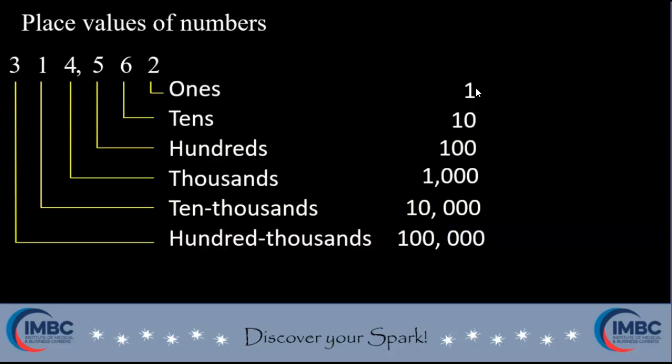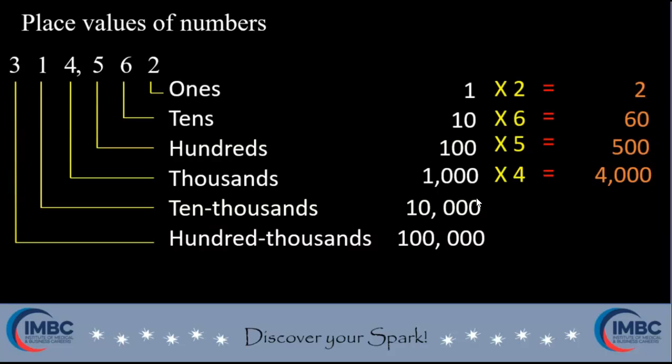And so we take the place value times the number. So 1 times 2 is 2. For the tens, there's a 6, so 10 times 6 equals 60. The 100 place value times the 5 equals 500. The 1,000s, we have a 4, so we multiply by 4, that equals 4,000. 10,000 times 1 equals 10,000.